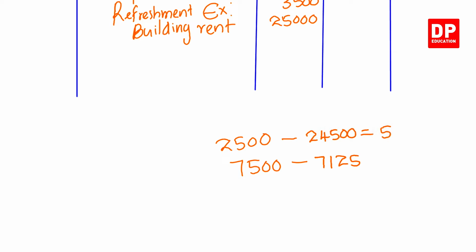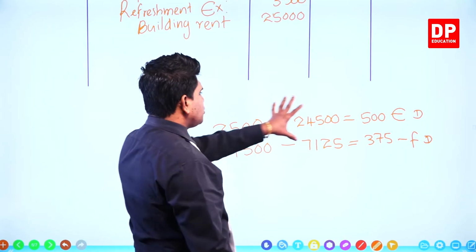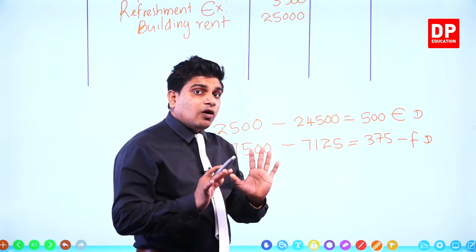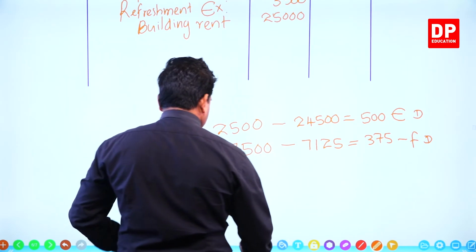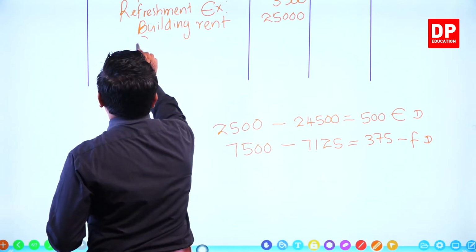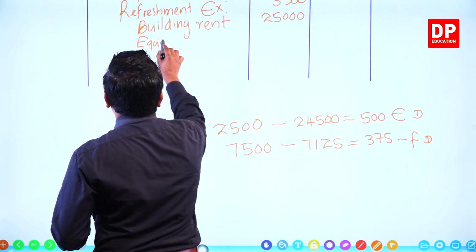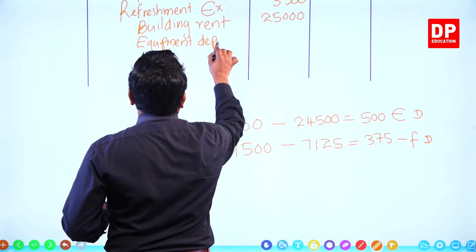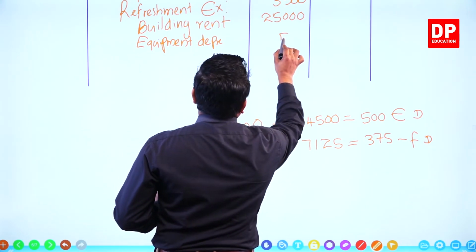This is 500. It is the depreciation. This is 375. That one is also depreciation. This is furniture depreciation. This is equipment depreciation. These two depreciations are recorded in the income statement only, right? Equipment depreciation 500 rupees.